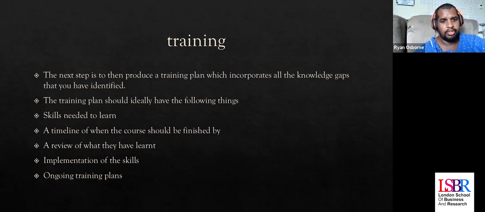And so the next thing would be to make a review of what has been learned. So you would meet on a regular basis to see what you have learned, what you have taken out from it, and how you think you can apply it to your own work. And that would then lead us to the implementation of those skills.